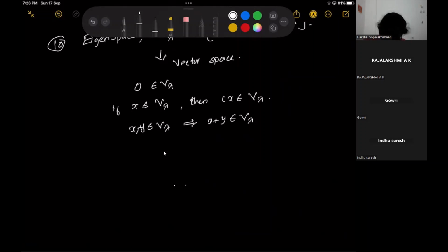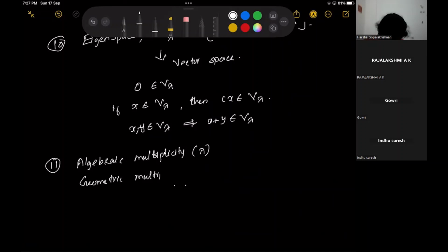Now, the algebraic multiplicity of lambda and the geometric multiplicity of lambda.